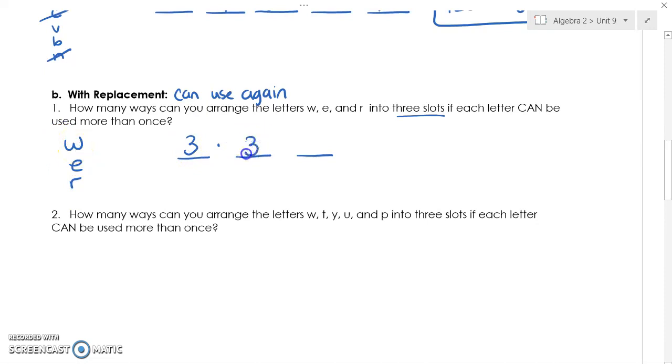So for the second space, I have 3 options as well. And let's say I use W again, well, I can use it again, and therefore I have 3 options for the last one. So I'm not taking any of these letters out of the bag if I had them in a bag. Okay? So 3 times 3 times 3 is 27. So it's 27 different ways.